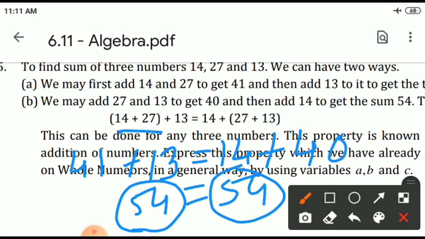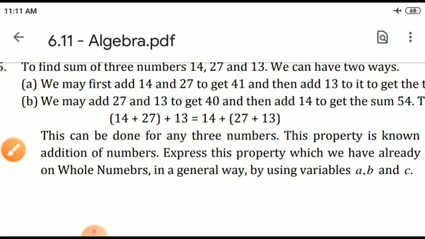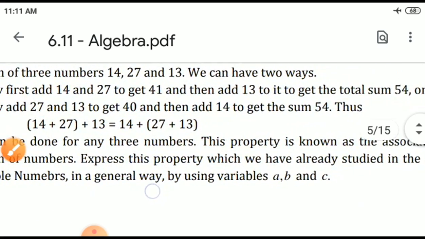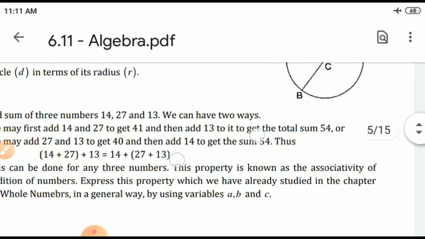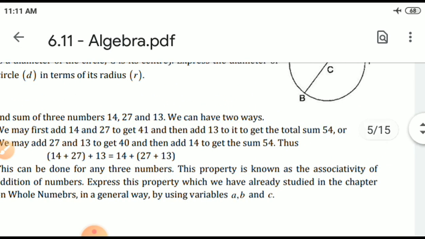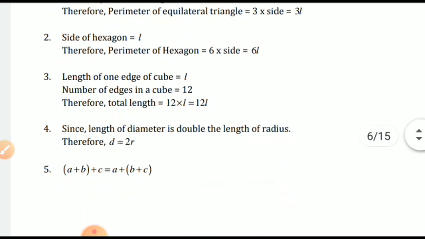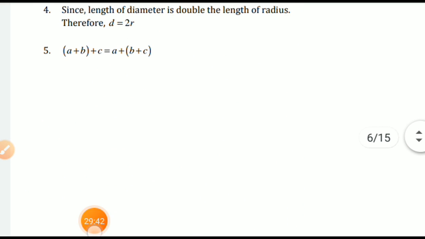So this is called associativity. What is this called, beta? Associativity property. We already studied it in our whole number lesson. Associativity of addition of numbers. So here we end our 11.2, questions 1 to 5.